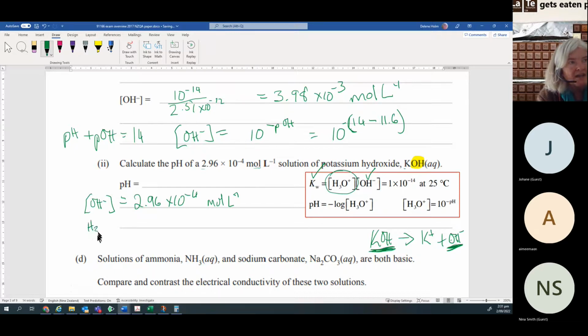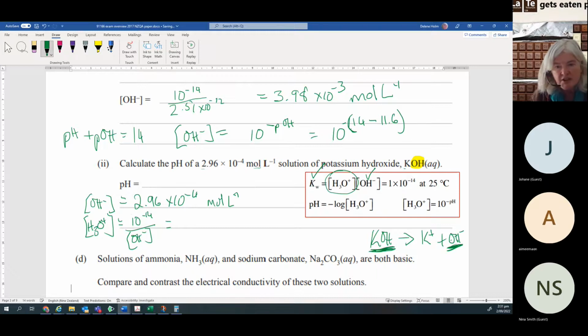So H3O plus is going to be equal to Kw, which is 10 to the minus 14, Kw over OH minus, which is what we worked out there.